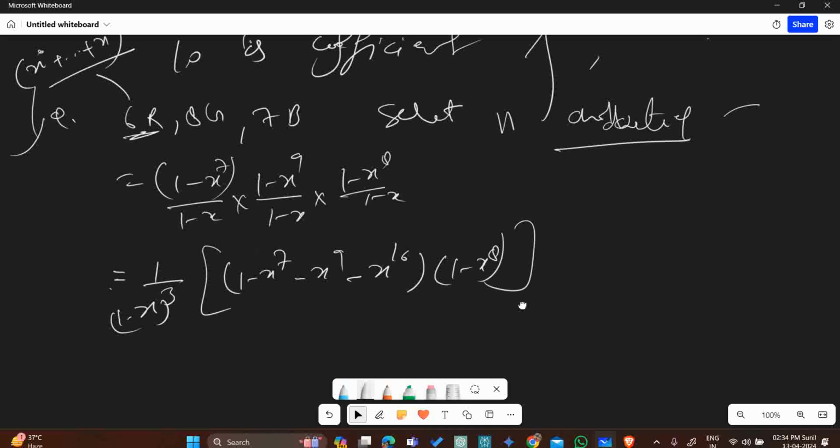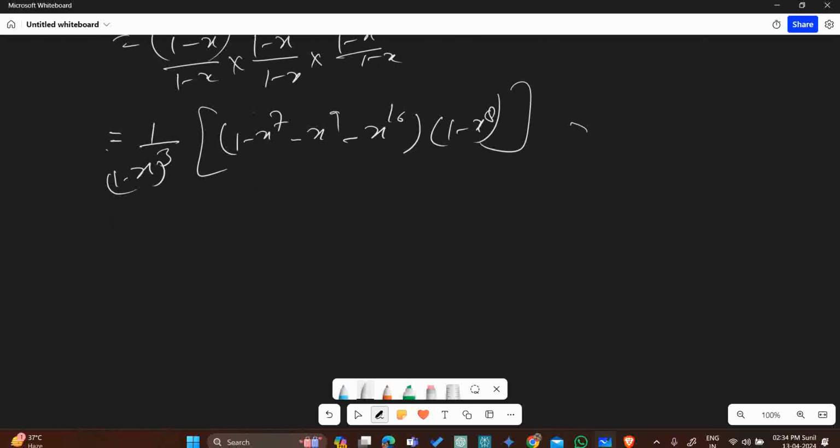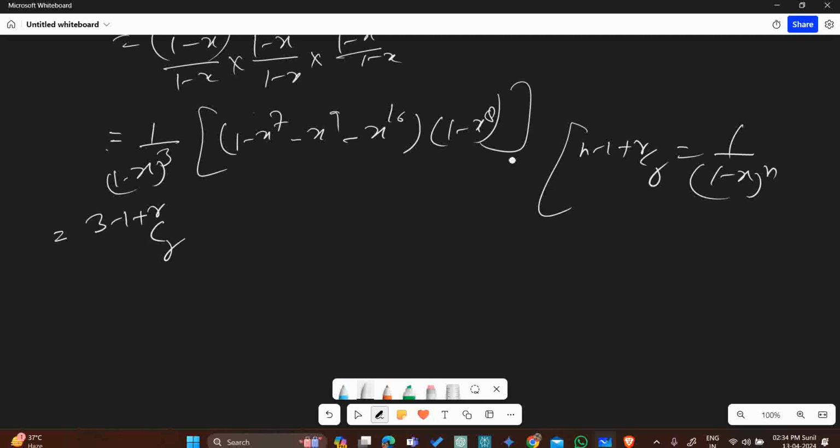For this we know the formula: (n minus 1 plus r) C r, equivalent to 1 upon (1 minus x)^n. So n is 3 here: (3 minus 1 plus r) C r, and x to power r also, right?